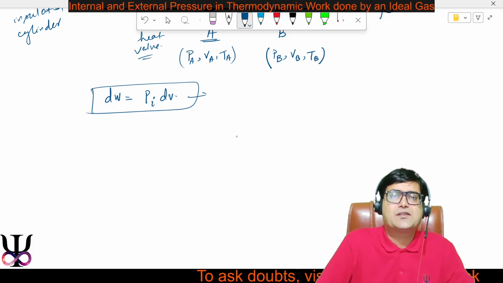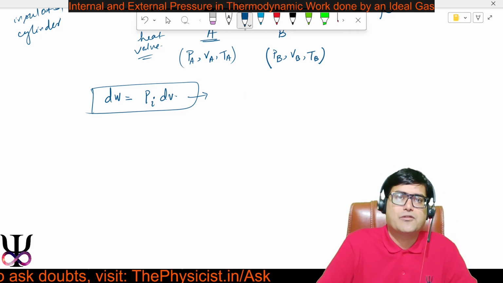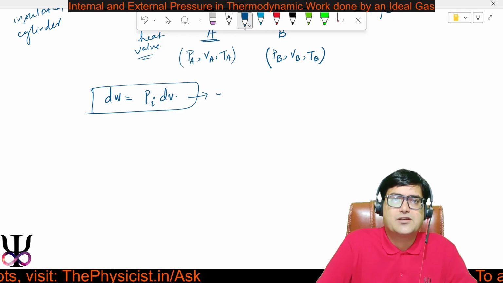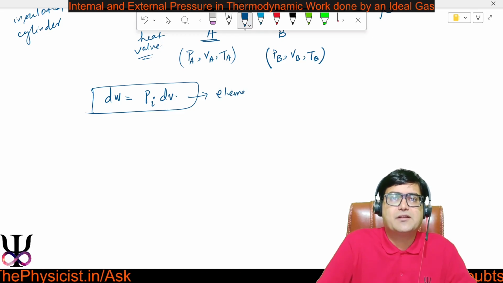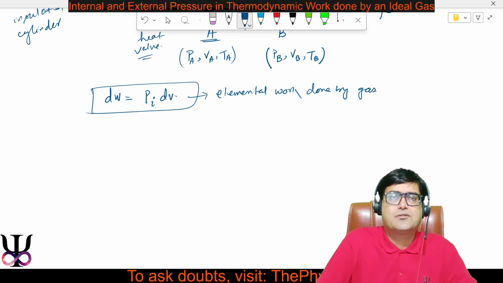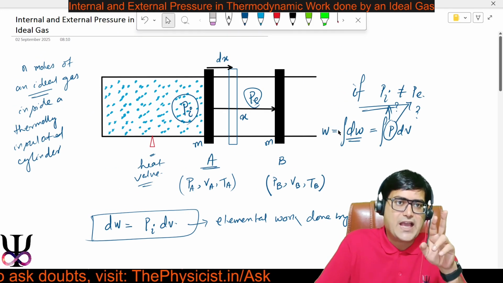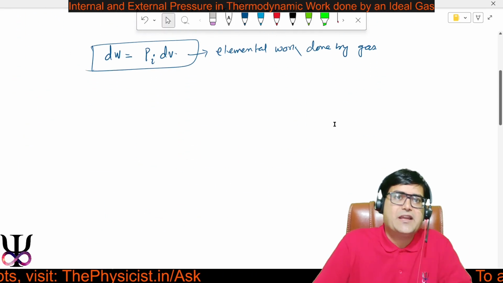Then this is the elemental work done, or infinitesimal, very, very small amount of work done, by the gas, because the internal pressure relates to the pressure of the gas on the left hand side.